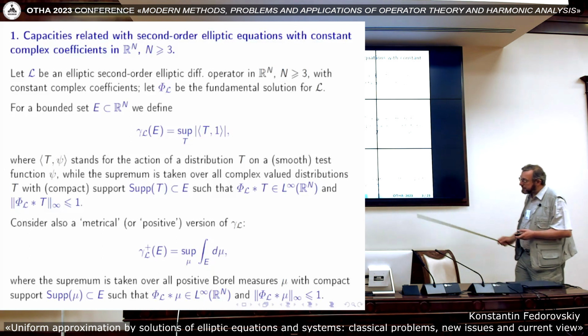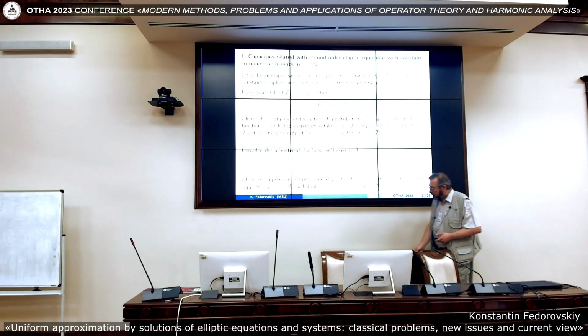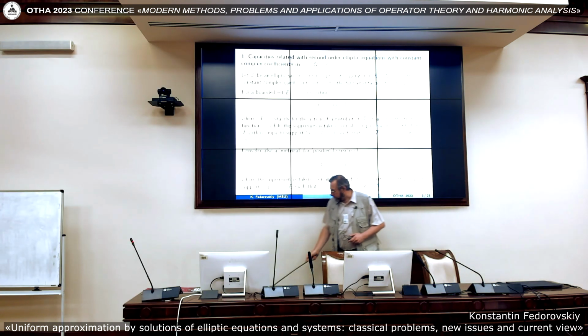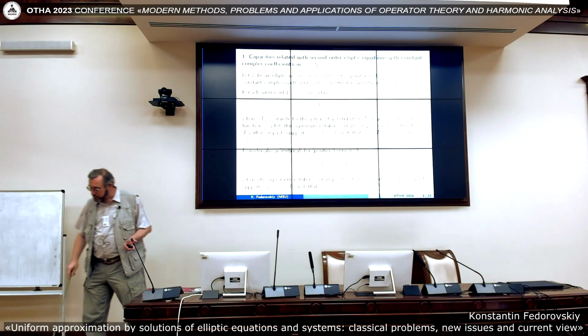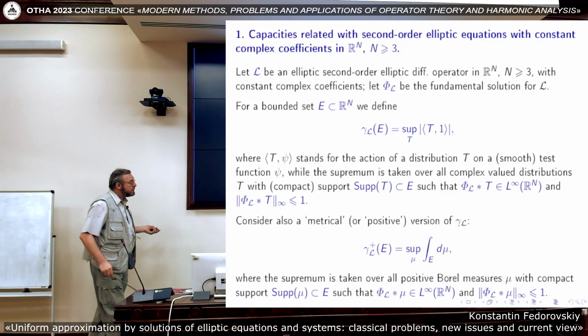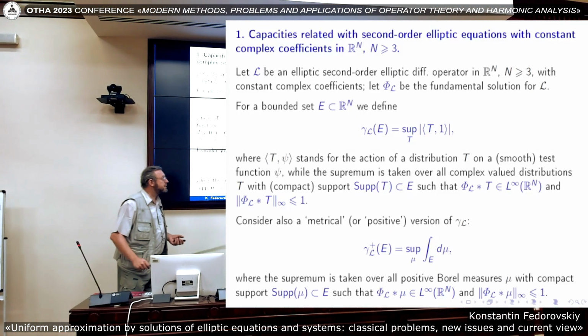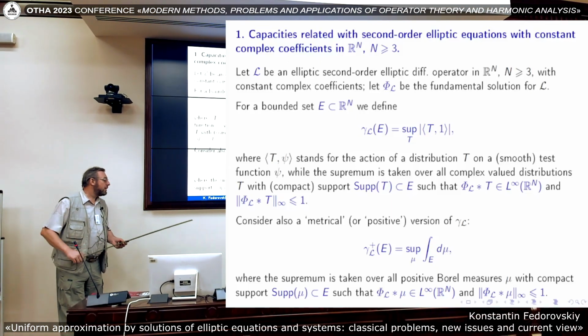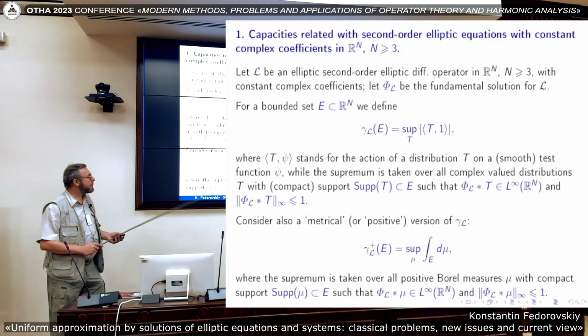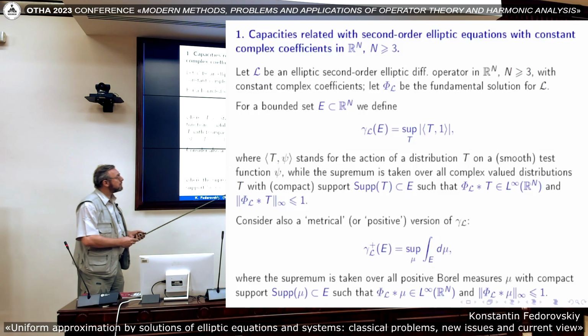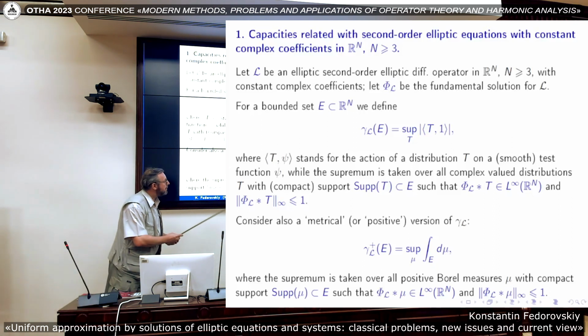So the notations are taken from the classical analytic capacity gamma and positive analytic capacity gamma plus, which has been the subject of very intensive study for the last maybe 40 or 50 years, because the meaning is more or less the same.